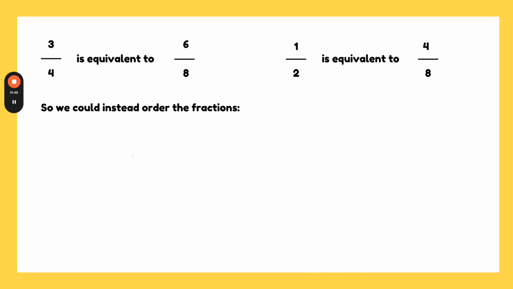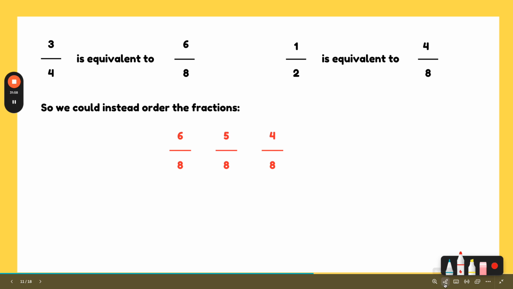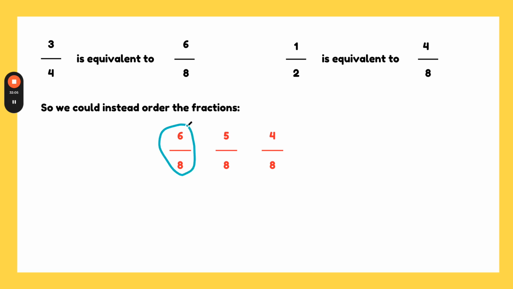So instead we could order the fractions 6/8, which is where the 3/4 comes from, 5/8, which is our second fraction, but remember, because we already had the fraction with denominator 8, we don't have to do any further simplifying or multiplying to get it into a fraction of denominator 8, as it was already in the form we need it in.